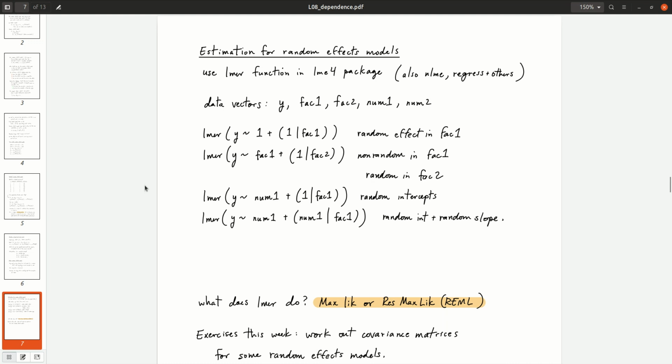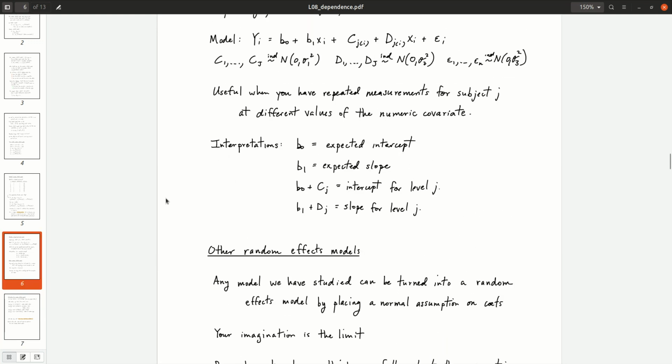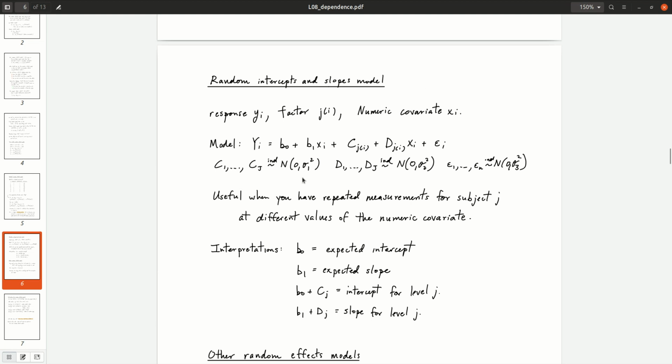If you want, you can also add numeric covariates. So if you wanted a non-random effect for the first numeric covariate, so this will do intercept plus B1 times num1. But you also want to have random intercepts according to factor 1. This will give you that. Basically, if we look back at this model, that would fit the model that excludes this term.